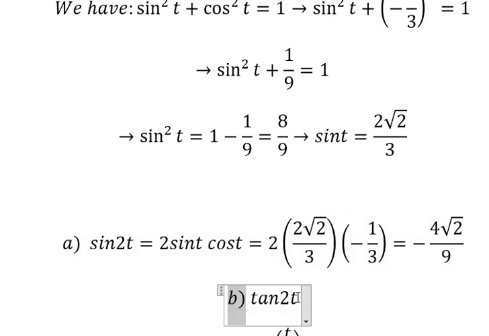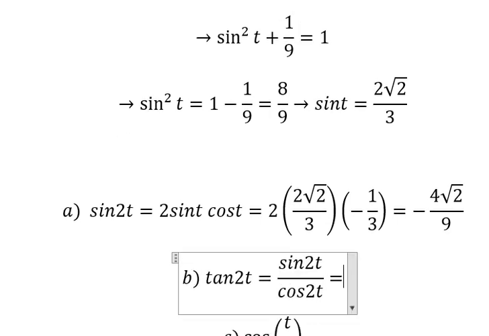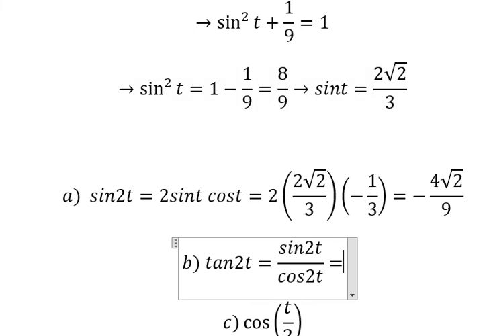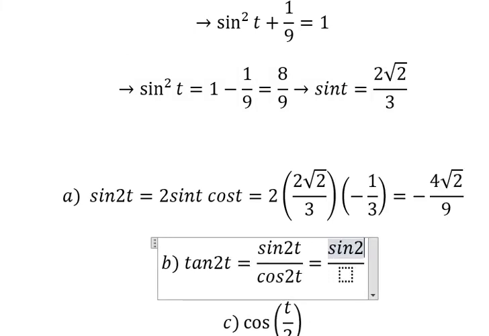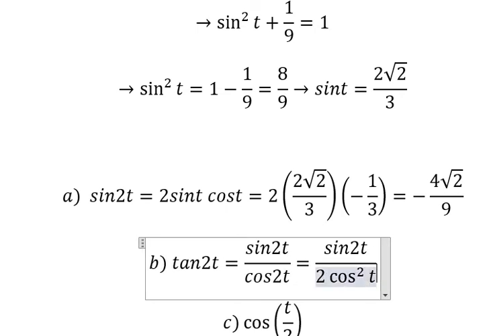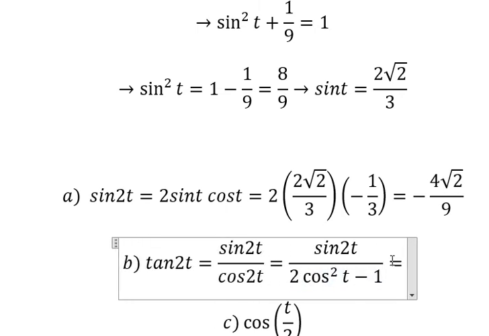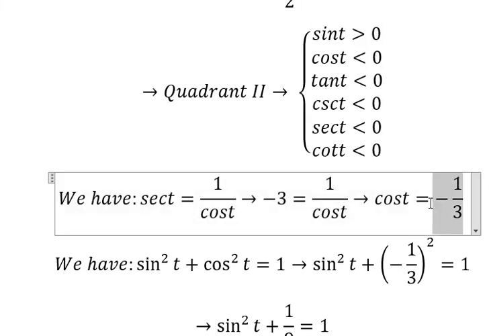Question B, we have tan 2t equal to sine 2t over cosine 2t. And we know that cosine 2t is 2 cosine t squared minus 1. So we know sine 2t is this one, cosine t is this one.